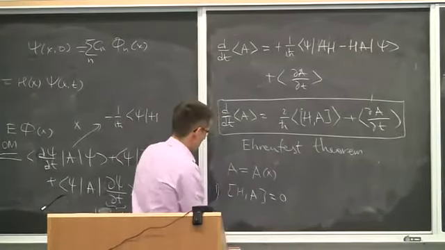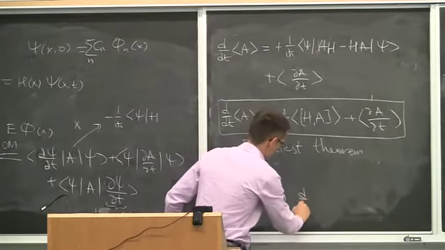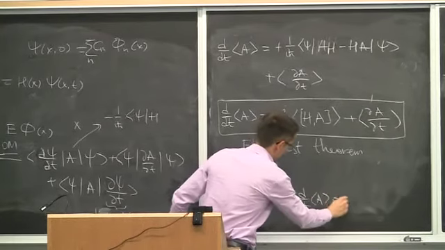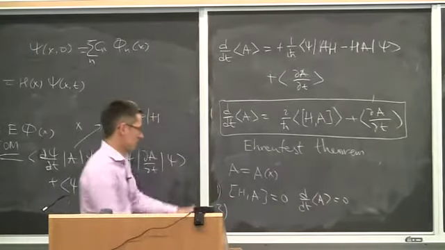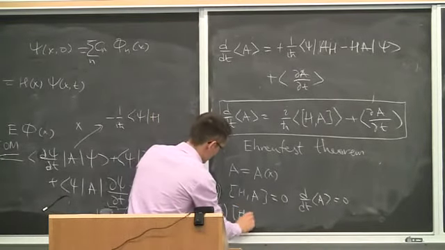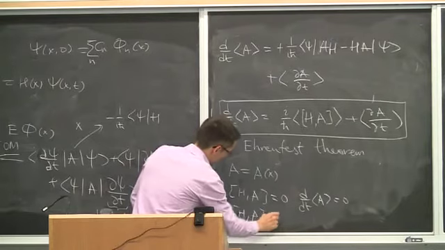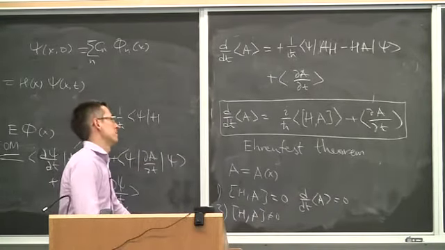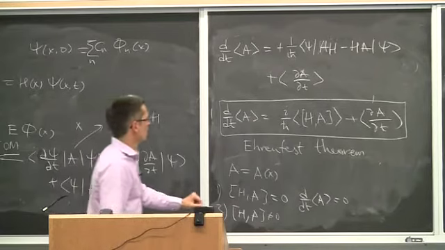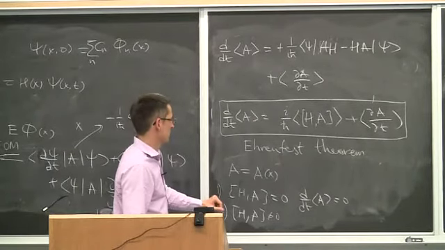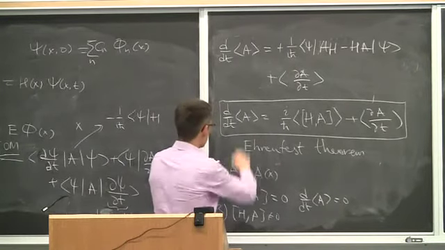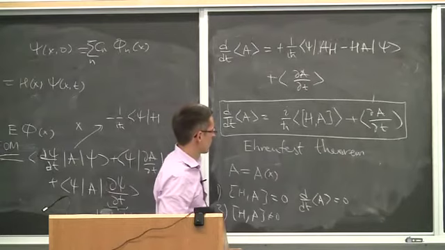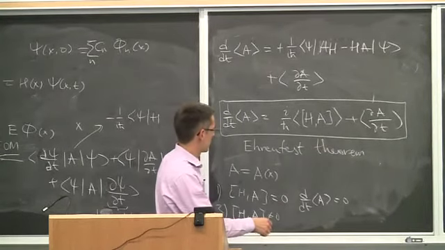Then d over dt of the average is 0. And second, even if it doesn't commute, if you have a stationary state, you still can have no dependence. The reason is quite simple.